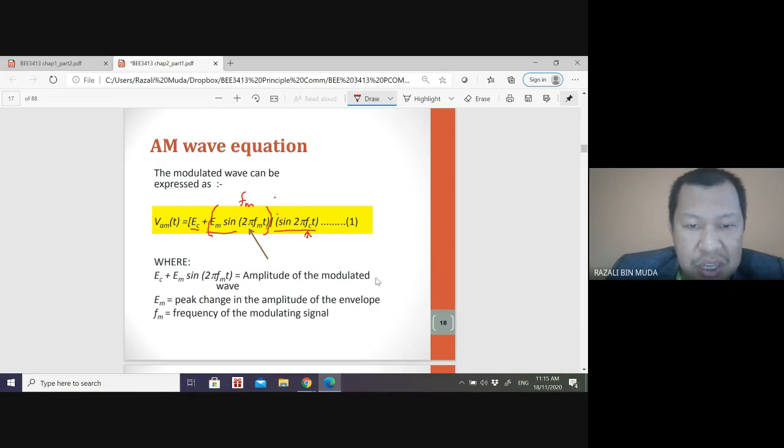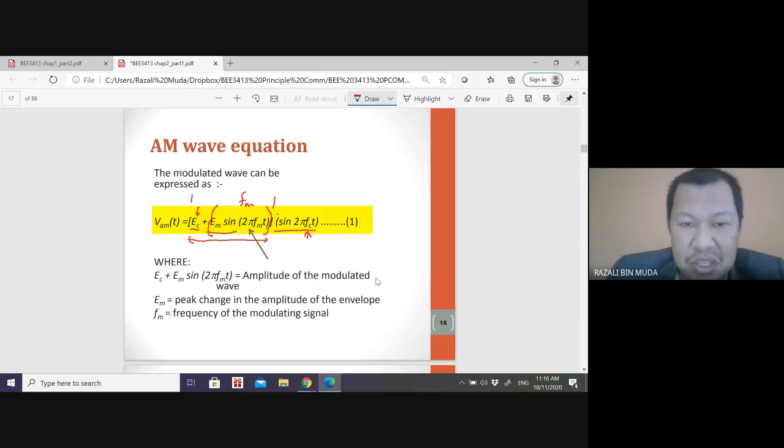So ini dah jadi amplitude. The whole signal, the amplitude of carrier plus the whole modulating signal, becomes the amplitude of the modulated signal, AM signal. And it's still a sine wave signal, but the amplitude changes.